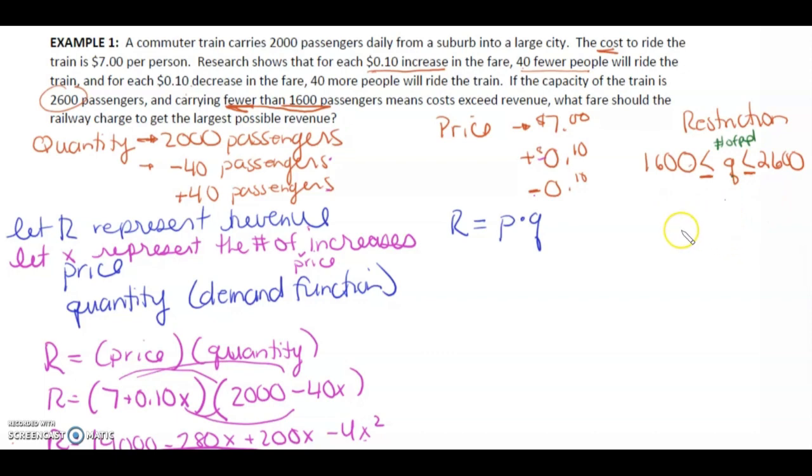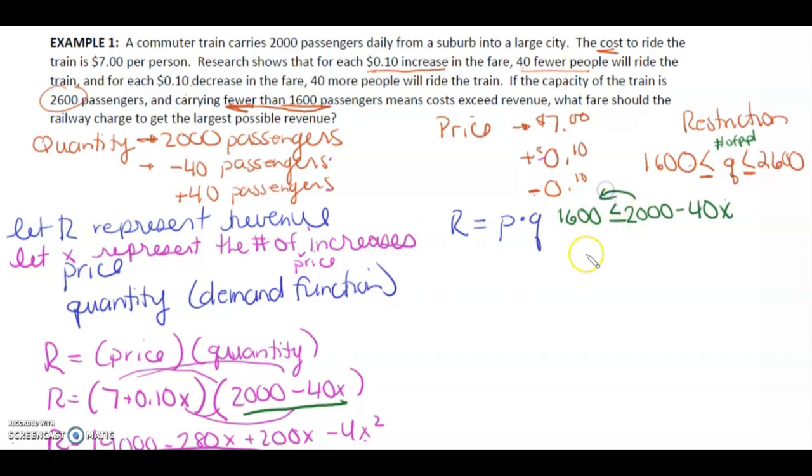So what is the equation for the quantity? Well, it's 2,000 minus 40x. That's the quantity, and it has to be greater than or equal to 1,600.